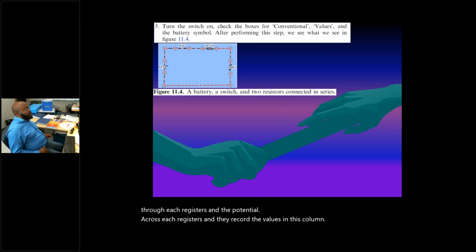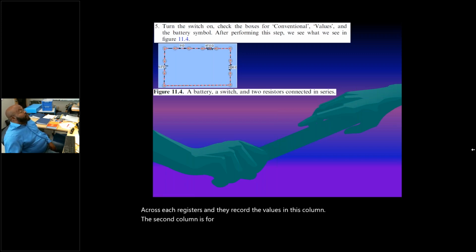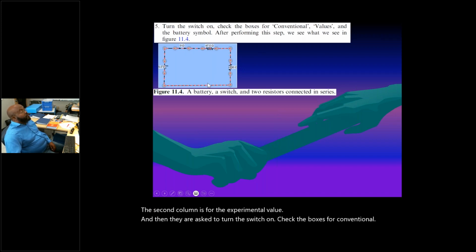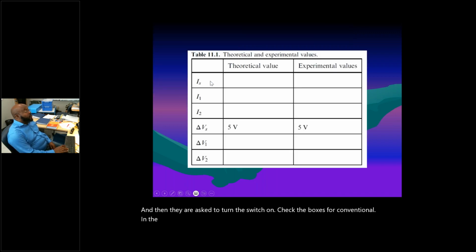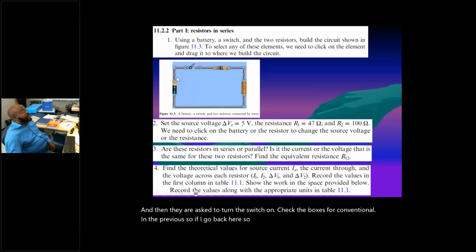The second column is for the experimental value. And then they are asked to turn the switch on and check the boxes for conventional. In the previous, if I go back here, what you see in the simulation is the movement of the real charge carriers, which are the electrons.